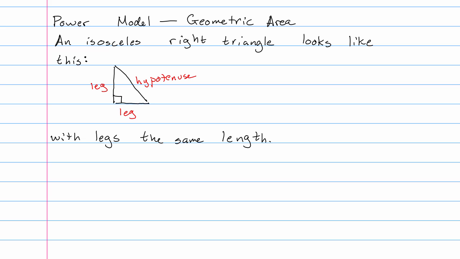It looks like that image, with the two sides labeled leg being the same length as each other. That little square in the corner indicates that this is a right triangle. That's a square corner. That's a 90-degree angle there. Its area follows this model.